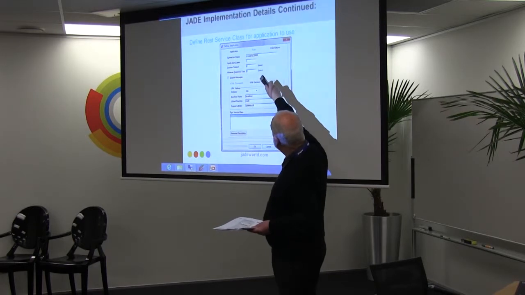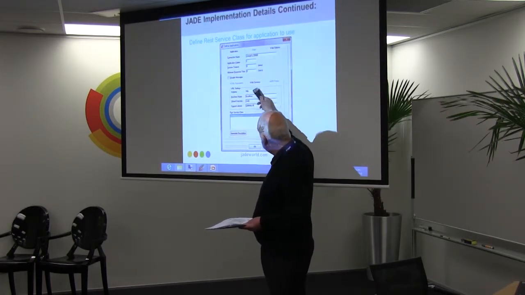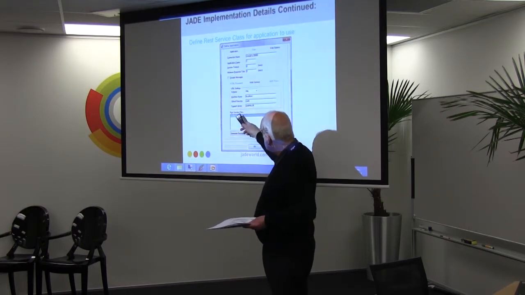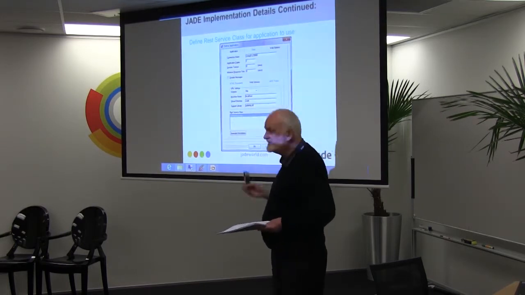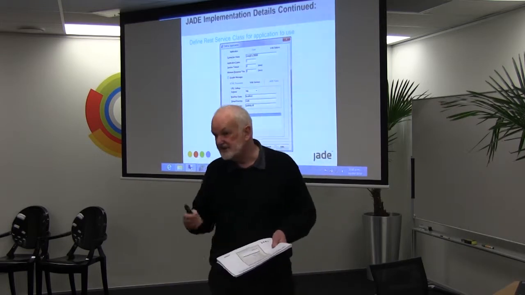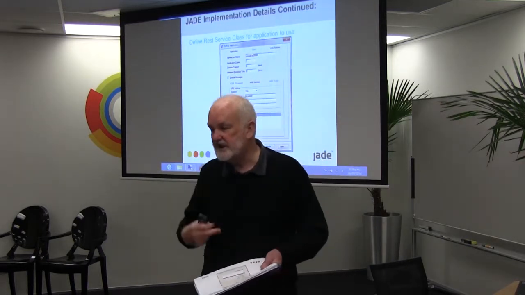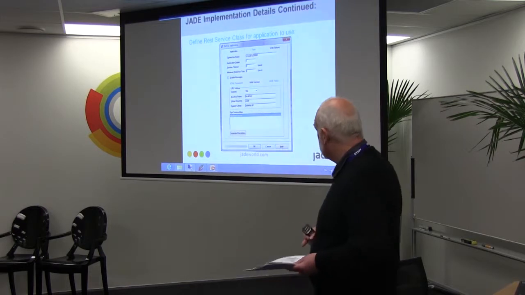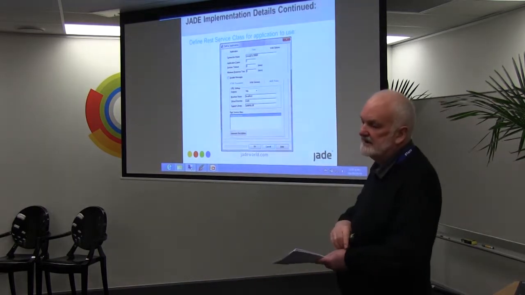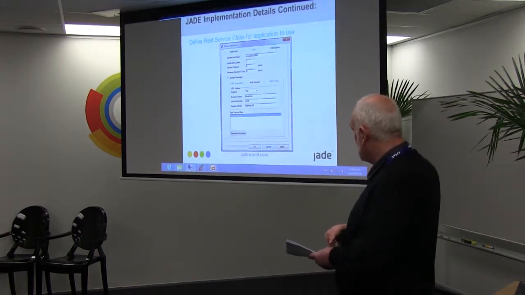So you define connection name, the number of copies, and all the rest of it, HTTP, HTTPS. And you have to select, in here will be a list of all the subclasses of Jade REST services in this schema or super schemas. And you have to pick one of those to say that's the REST service class that we want to use for this application.